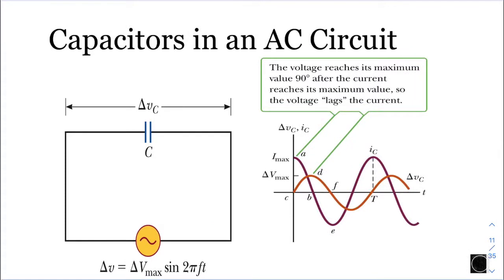Based on that behavior, the way the current and voltage react within the capacitor will be different compared to a resistor. The voltage reaches its maximum value 90 degrees after the current reaches its maximum value. So the voltage is called lagging the current by 90 degrees.